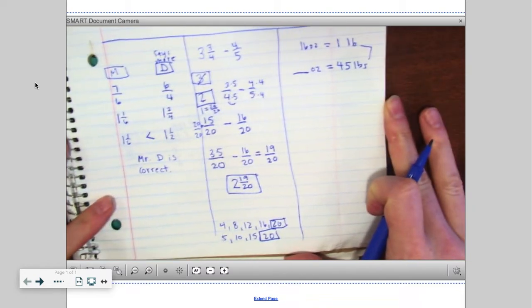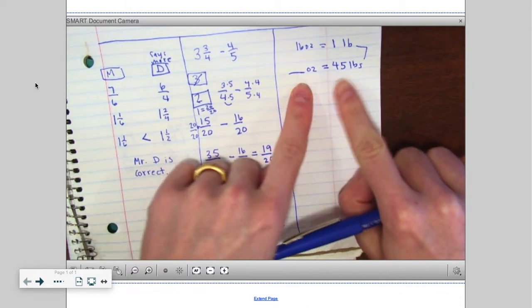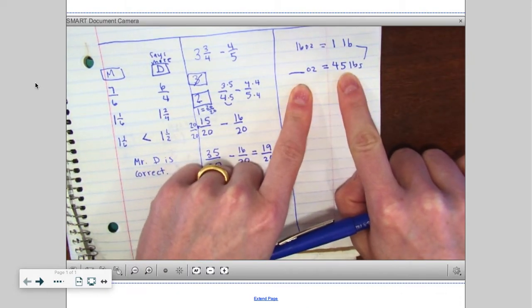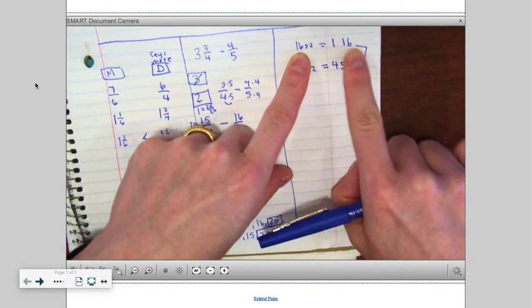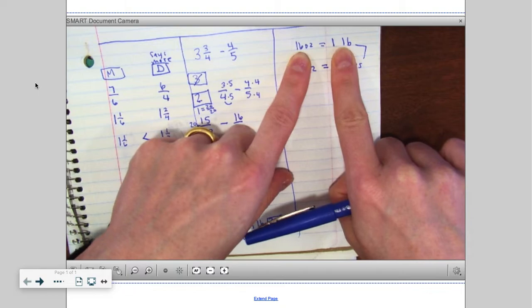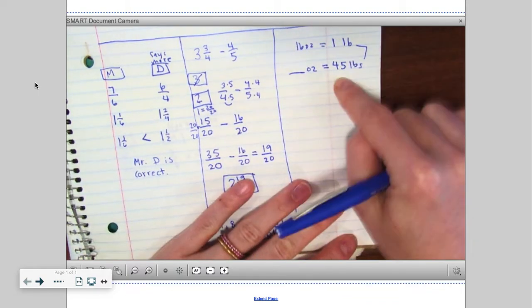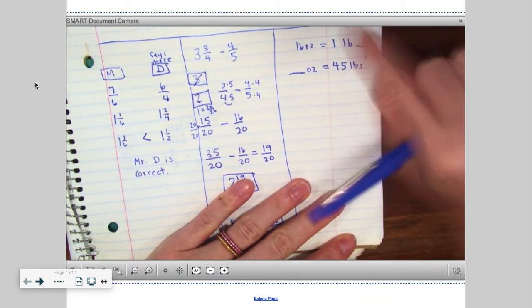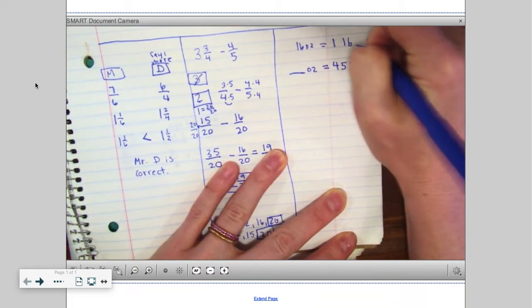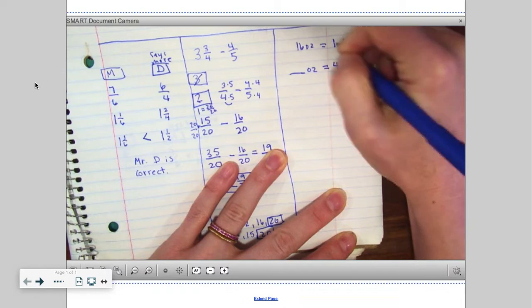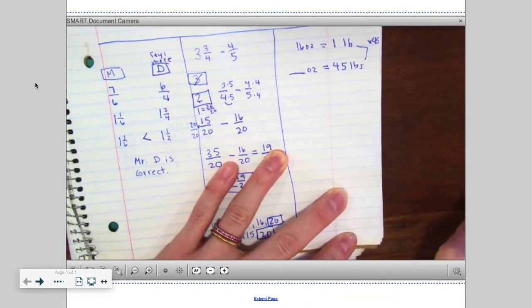All right, how many ounces are in 45 pounds? Well, the first thing I need to do is set up my conversion. If I have 16 ounces, I know that's equal to 1 pound. So I like to do this, match them up, and say, well, how did I get from here to here? I needed to multiply by 45. 1 times 45 gives me 45.